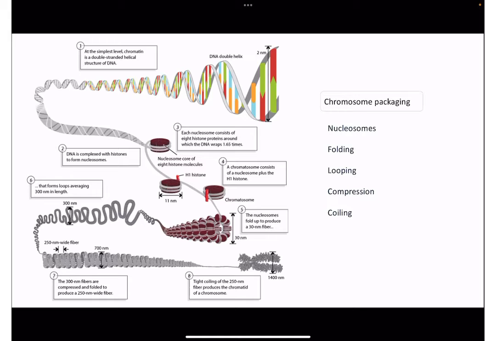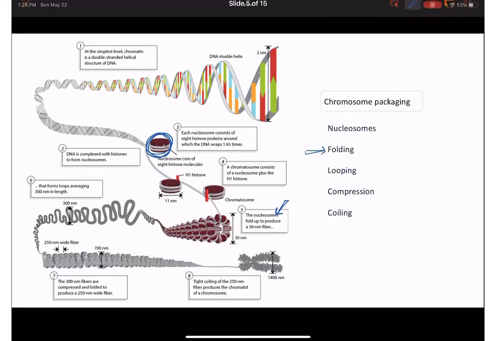And then there's another number of levels of DNA compaction that occurs for DNA to fit within a chromosome. So here's that first one. First of all, here's DNA wrapping around the histone proteins to form a nucleosome. And then what happens is that these nucleosomes are going to fold together, and by doing so, they're compacting themselves.